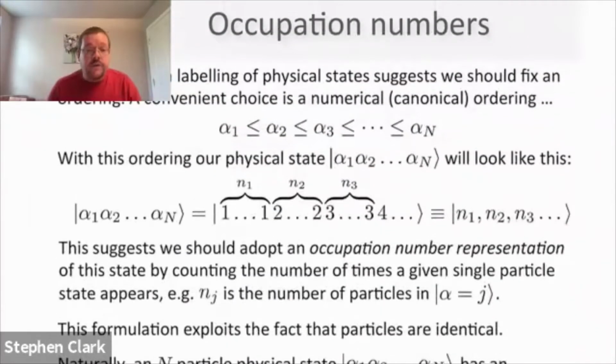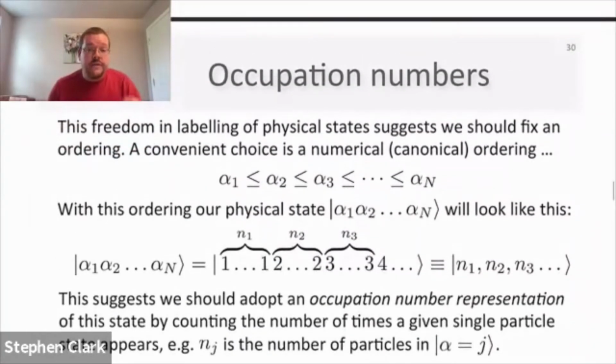That means that we've got a freedom in what order we decide to write these numbers, the different occupations, which single particle states we're going to put particles in. And the best way to do this is to use a canonical ordering. Once we've got it, we should fix it and stick to it, which means that we've got state 1, state 2, state 3, all the way to state D, single particle states that we could put particles in. And we decide to order them in ascending order.